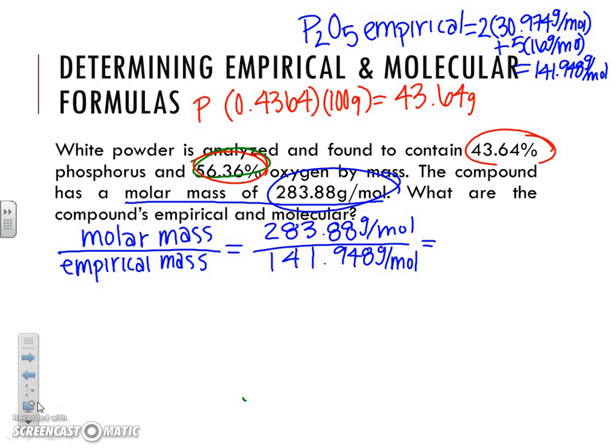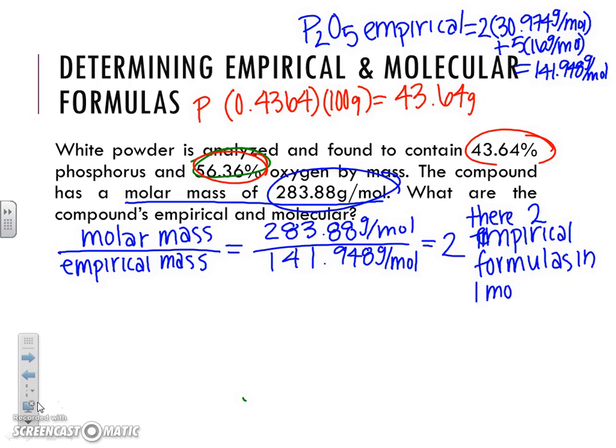And if we work that out, it comes out to be right around 2. So this means that there are 2 empirical formulas in one molecular formula.